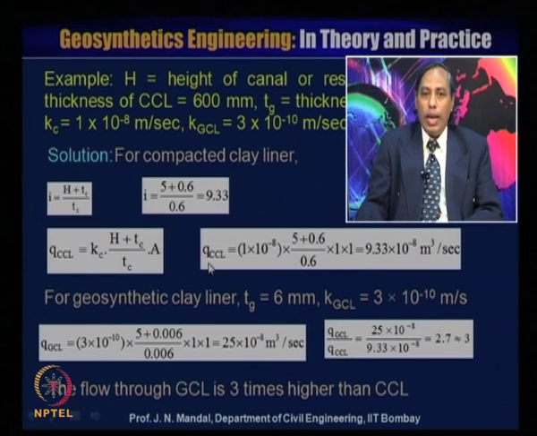So, you will have Q_CCL is 9.33 into 10 to the power minus 8 meter cube per second. This is the quantity of water flow through the compacted clay liner.